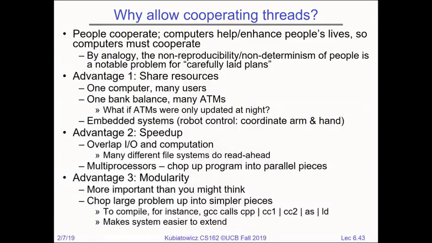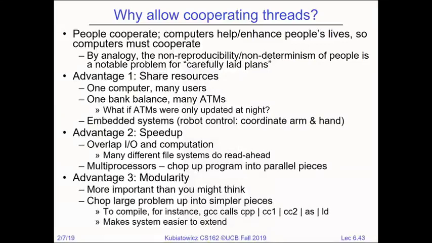Modularity: believe it or not, the C compiler actually has a series of things that are piped together. There's a C preprocessor, a couple of passes through the code, an assembler, a linker and loader. They're all divided up and piped into each other, and as a result of that modularity, it's easier to think about the little pieces, and it's faster because you've got threads.